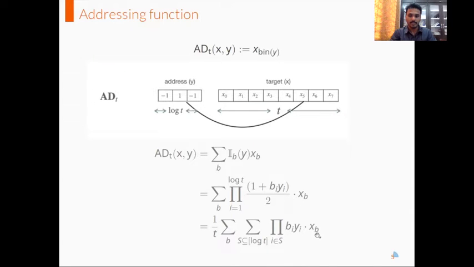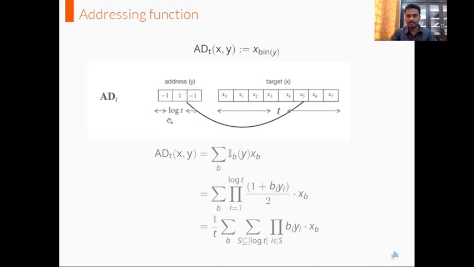So the addressing function has the following expansion. It can be written as the sum over b in {0,1}^(log t) of the indicator of y equals b times x_b. So this indicator function takes the value 1 when y equals b, and it takes the value 0 otherwise. So for any given y, only one of these indicator functions is going to fire 1, and all other indicators are going to fire 0.